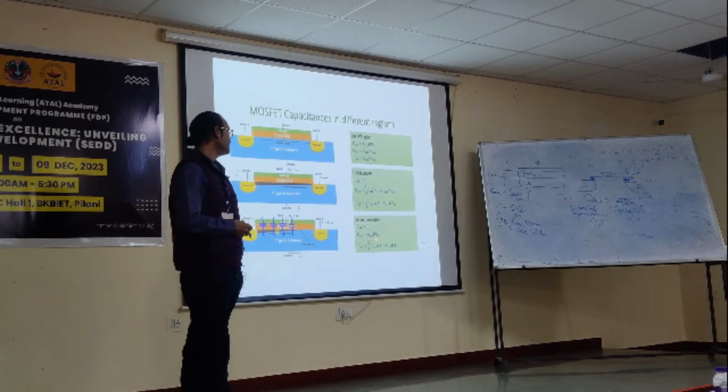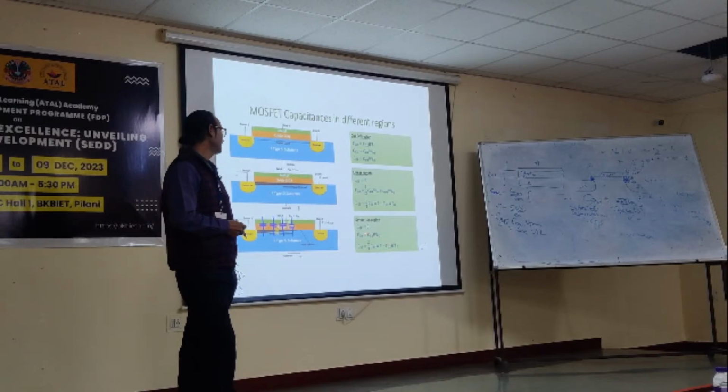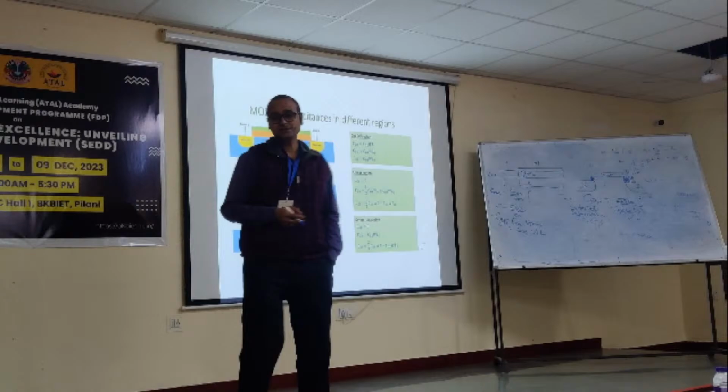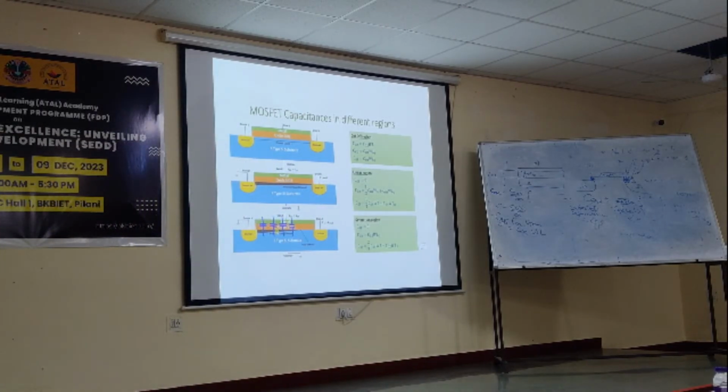Why? Due to pinch off. On the source side we will take 2/3, so 2/3 plus overlap. But this is 0. Gate to body capacitance is 0.